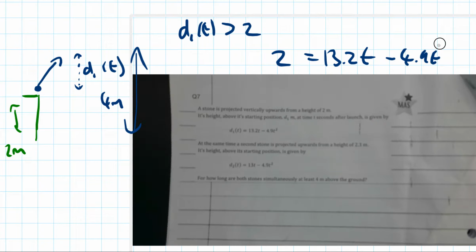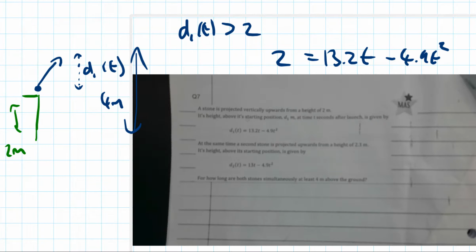So for the first one, we want d1(t) to be greater than 2 for our starting position. So we create an equation: 2 = 13.2t - 4.9t².